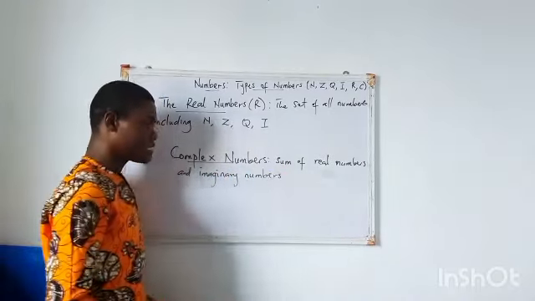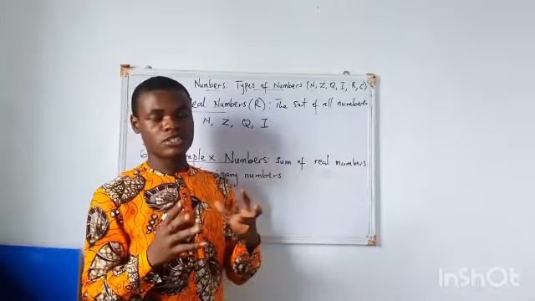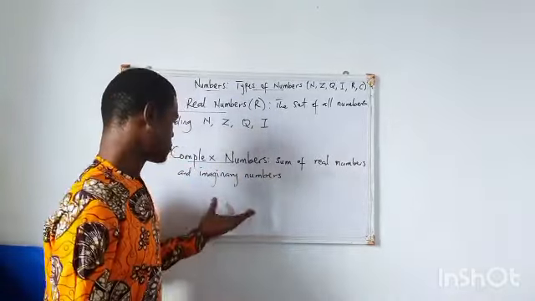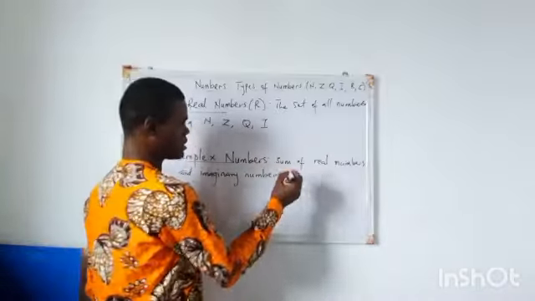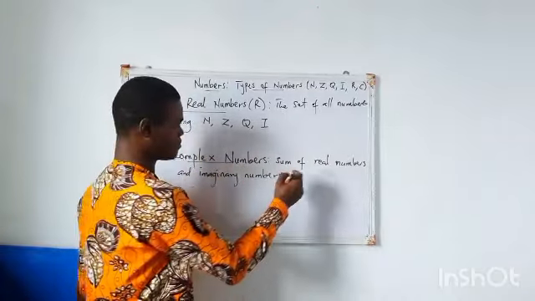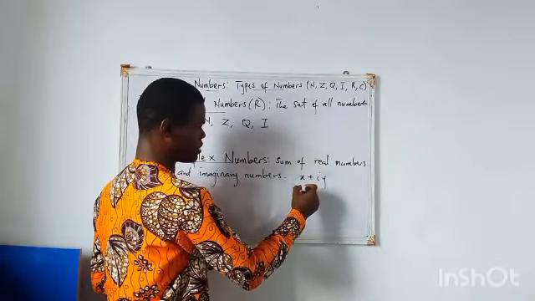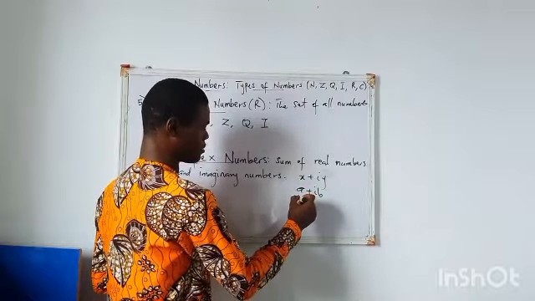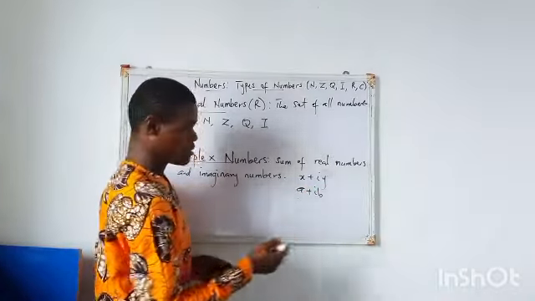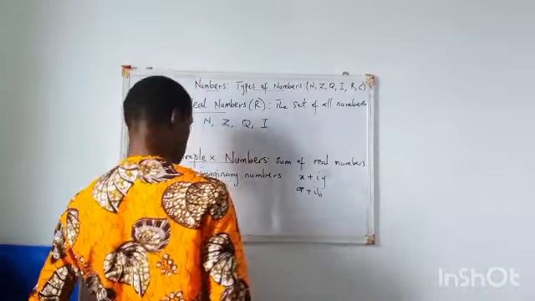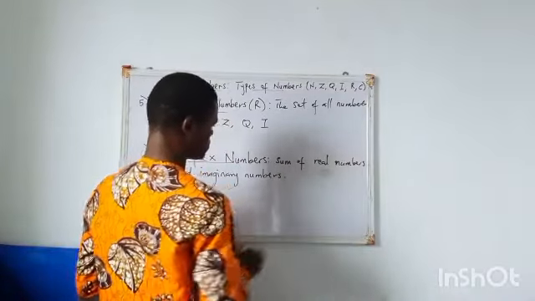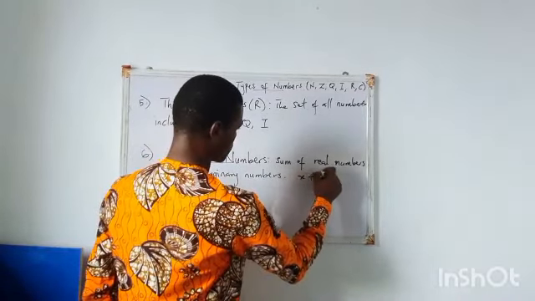So the set of real numbers and imaginary numbers added together is what we have as complex numbers. They usually have a standard form written like this. Either you write it as x plus iy, or a plus ib, or you can use any letter. Let's just stick with x plus iy.